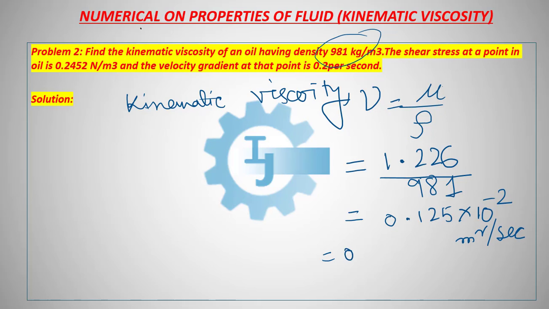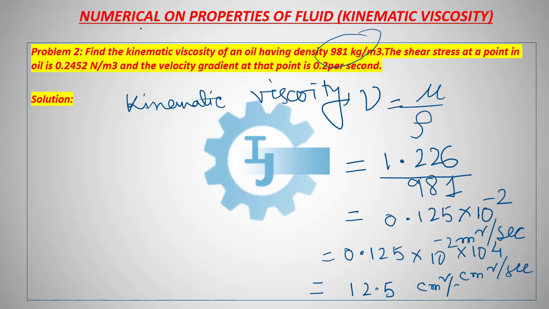From here we can write 0.125 into 10 to the power minus 2 into 10 to the power 4 centimeter square per second. So here we can write 12.5 centimeter square per second.